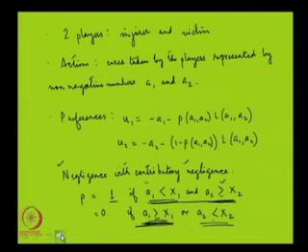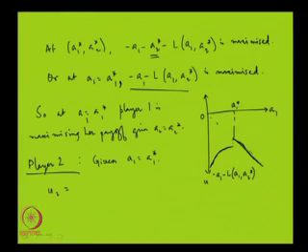So, I do not have two ranges like I had for player 1, it will be just minus A2 minus L A1 star and A2, because A1 is equal to A1 star. Now, the demonstration is just as before.